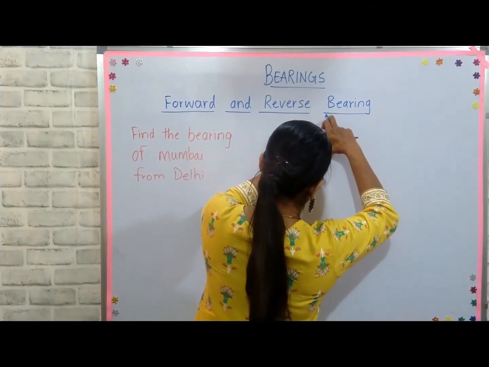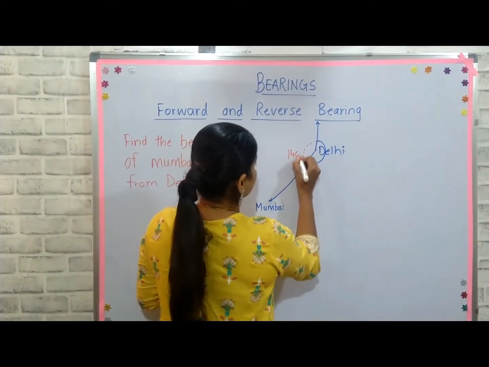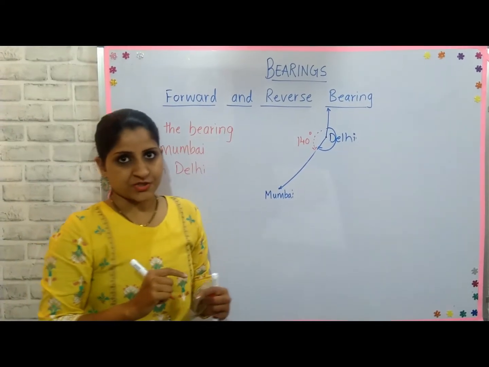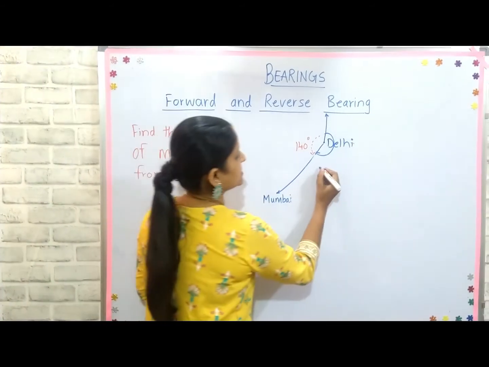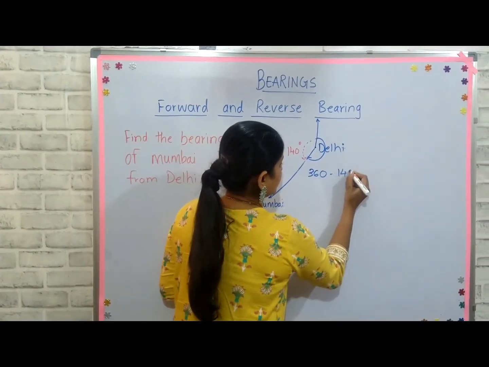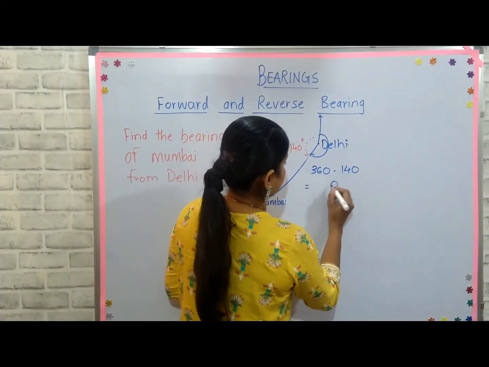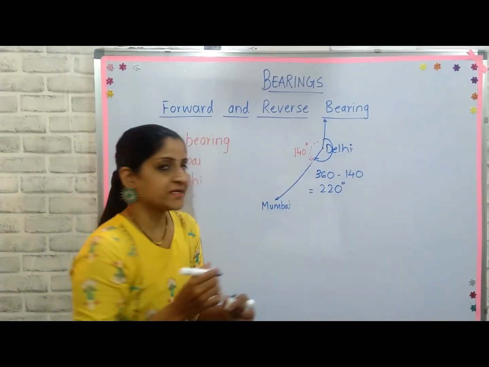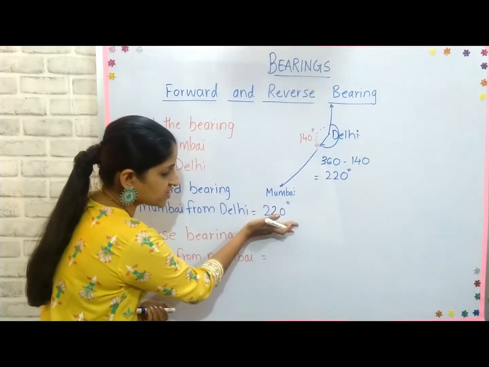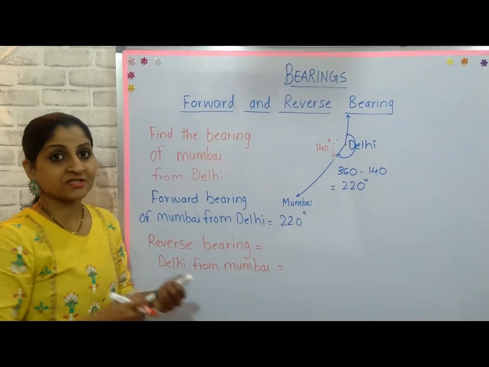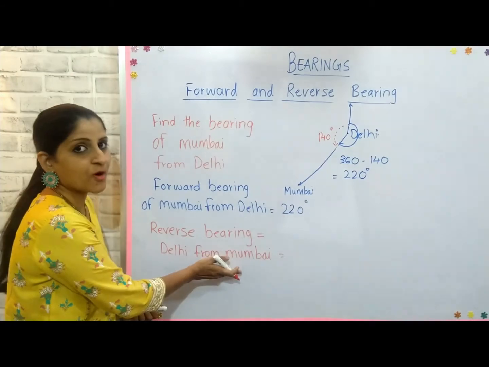When I measure this angle, I find that it is 140 degrees in an anti-clockwise direction. So to find the bearing, we do 360 minus 140, which gives us the answer 220 degrees. Our forward bearing of Mumbai from Delhi, we just measured as 220 degrees. The reverse bearing means we are now going back to Delhi from Mumbai.